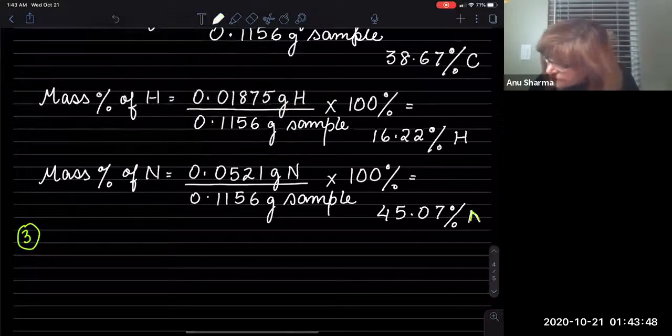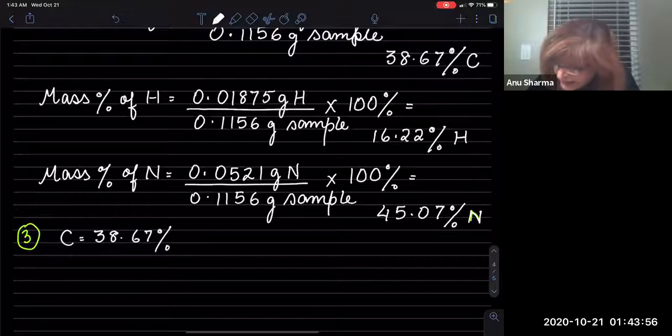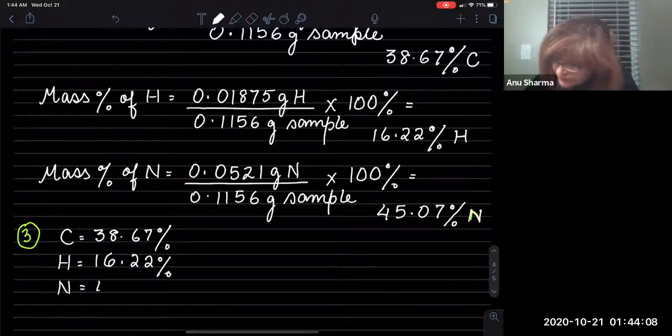So carbon is 38.67%, hydrogen is 16.22%, and nitrogen is 45.07%.